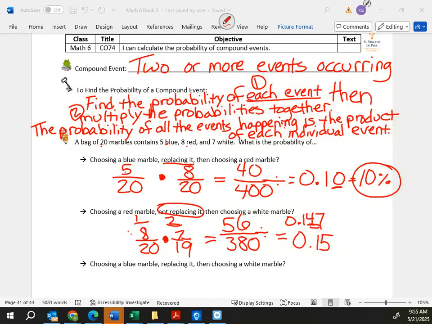The most common mistake people make, we round wrong. So look at that thousands place. If it's a 4 or less, then our hundredth place stays the same. 5 or higher, you round it up. So like Bennett said, if it's 0.15, that makes it 15%. Then you can circle that as your final answer.